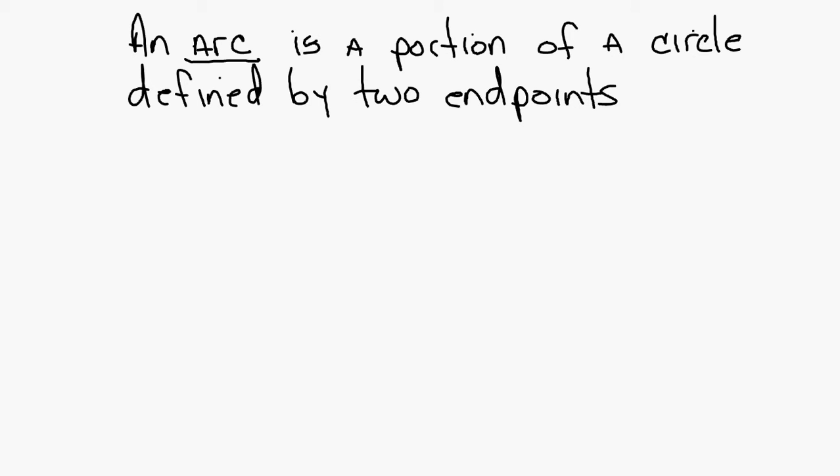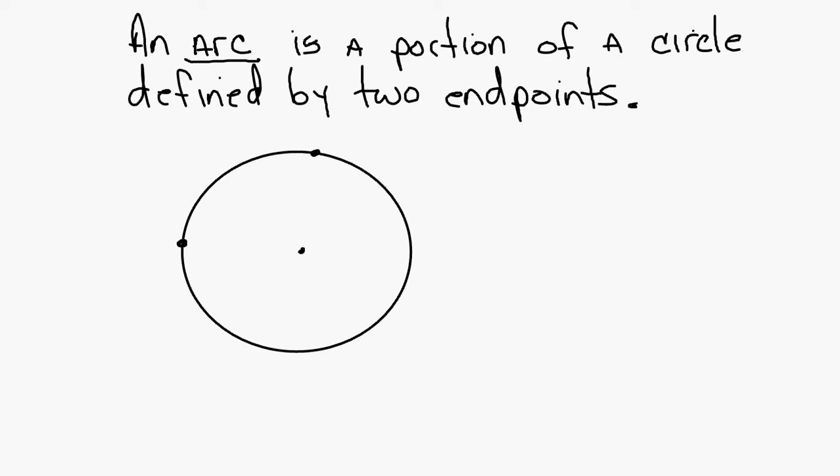Okay? An arc is a portion of a circle defined by two endpoints. So if you've got a circle, and then you've got a couple of points on the circle, and let's say those points are the endpoints of a central angle.